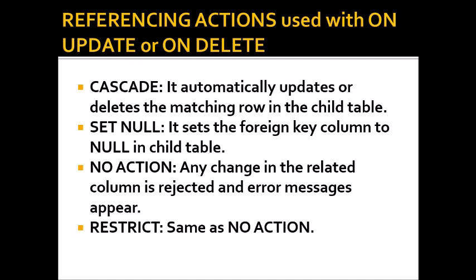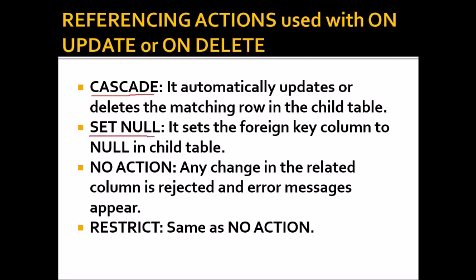Referencing action used with on update or on delete. These are the different referencing actions that you can use with update or delete. First is cascade. Cascade means it will automatically update or delete the matching row in the child table if any row has been deleted from the parent table.